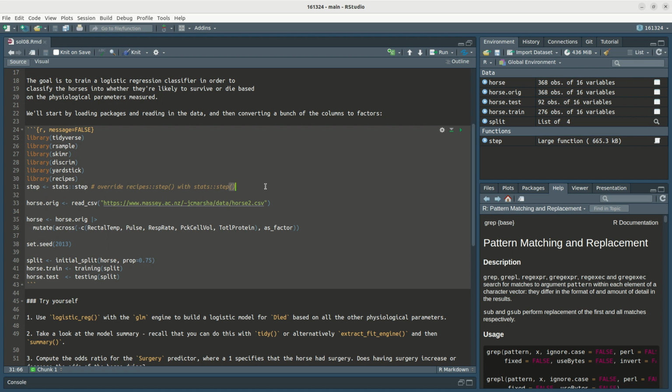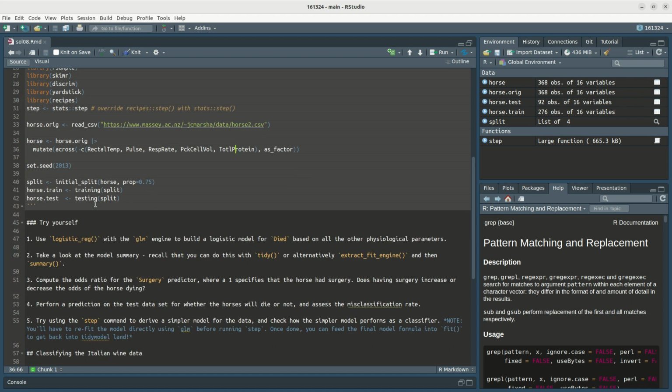All of the steps in your recipe are based on the step function, and therefore if we just ran step on a model, it's going to be using the recipes version of step because the recipes library was loaded after the stats library. So we're overriding it here in a very simple way, just by redefining the step function to be the step function from the stats package.